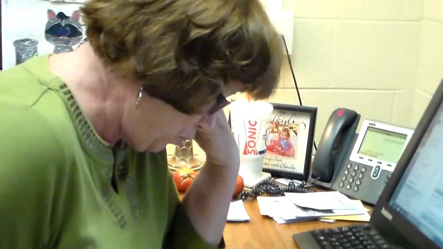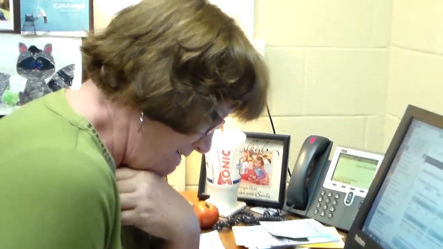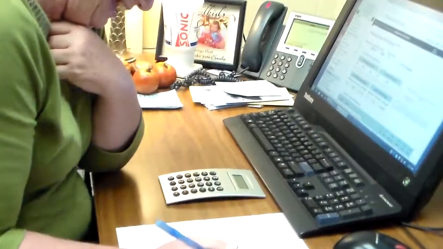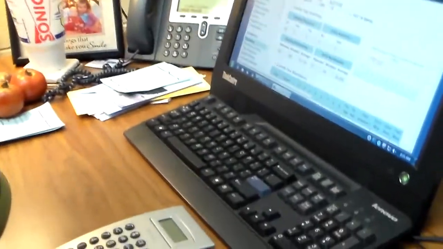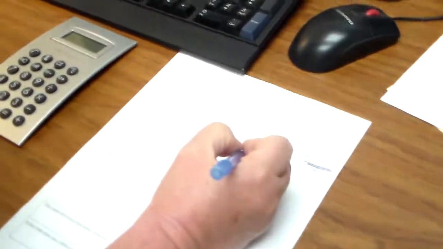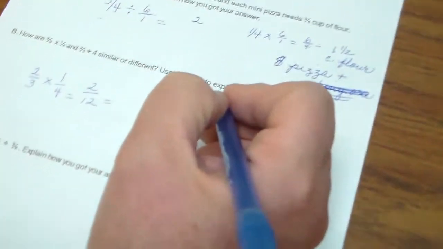Okay, 2/3 times 1/4. Notice, boys and girls, that I have my calculator here, just in case. 2/3 times 1/4, and that would equal 2/12, which you've got to get down to its lowest terms.